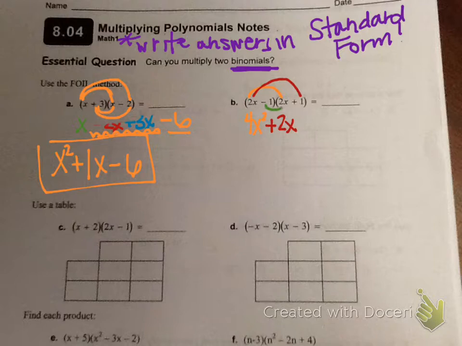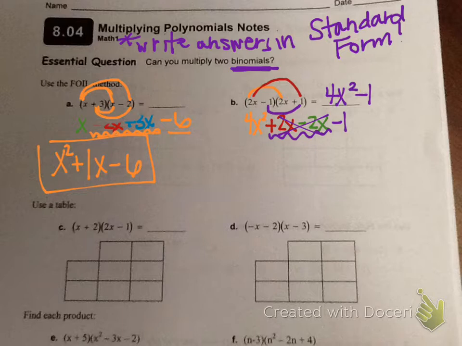So we have negative 1 times 2x, which is negative 2x. And then we have the lasts. So last and last, negative 1 times positive 1 is negative 1. So I can combine 2x minus 2x. Those cancel. My final answer on this one is 4x squared minus 1.